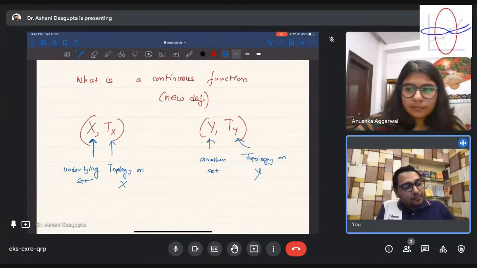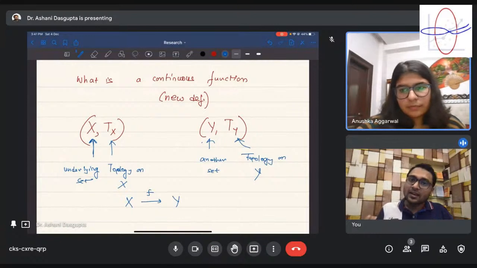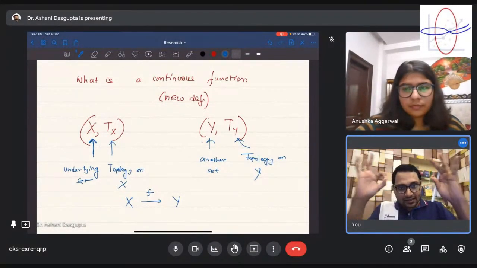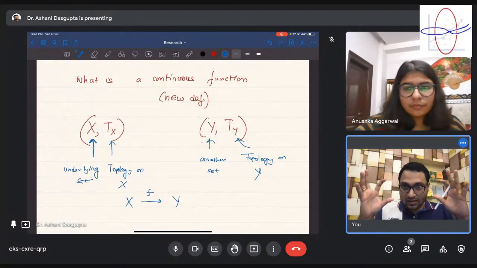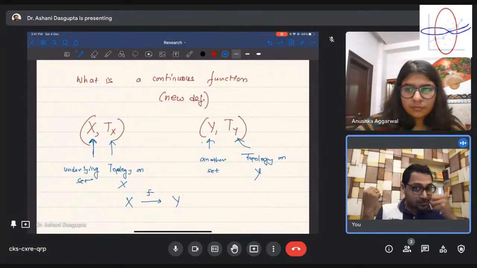Now we define a map from X to Y. Let's call it F. First of all, it's a set map. It is associating members of X with members of Y. Now we want to know whether this set map is a continuous map or not. What is the meaning of continuous maps?